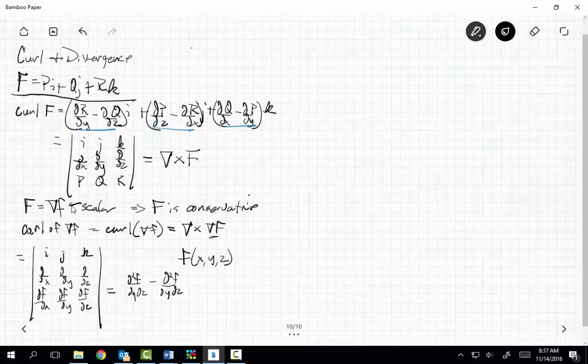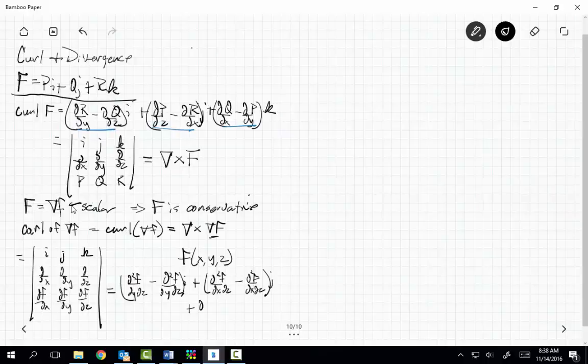And then I plus, and I flip them, so this is d2f over dx dz minus d2f over dx dz. Look at what's happening. Everything just cancels.